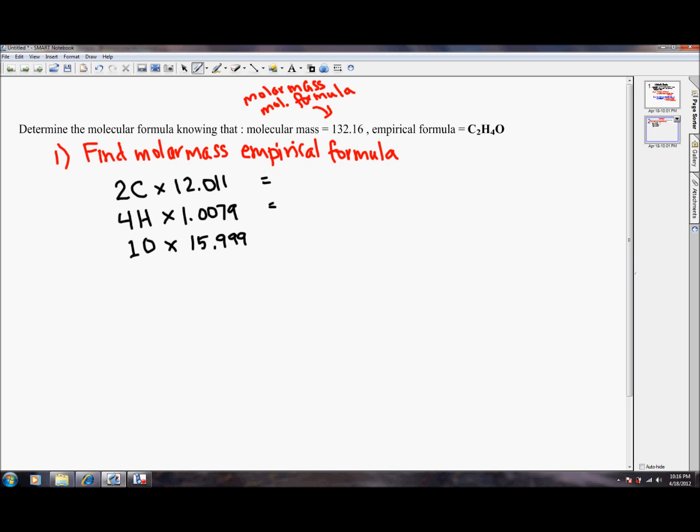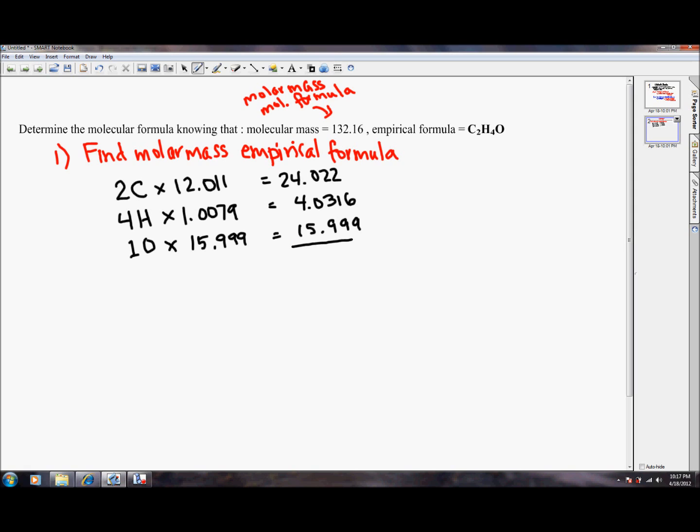So we're just going to run these numbers into our calculator here. 12.011 times 2 is 24.022. 4 times 1.0079 equals 4.0316, and this is 15.999.